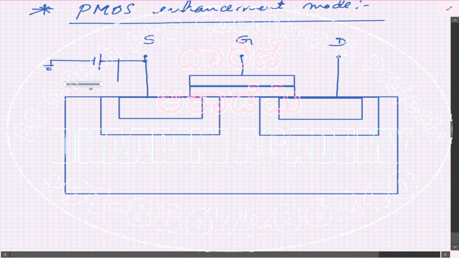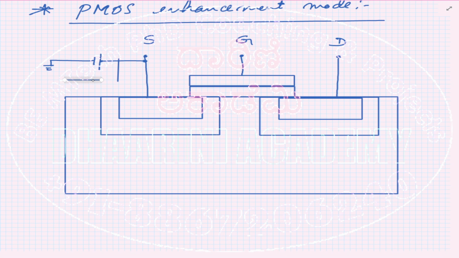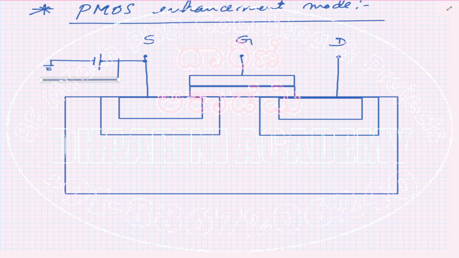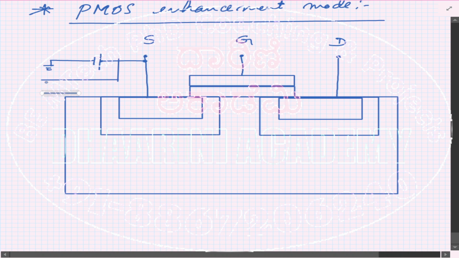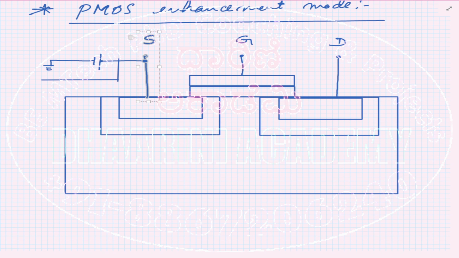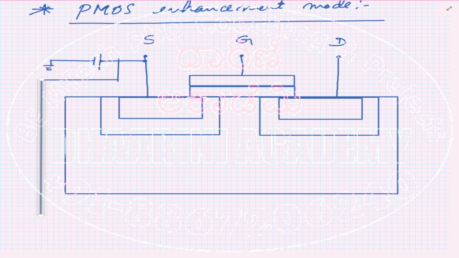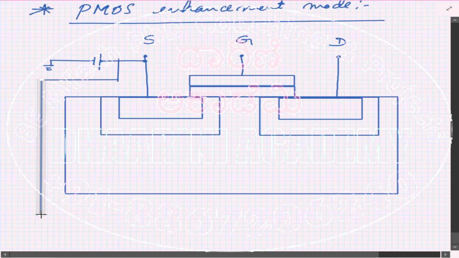Ground, you don't have to show the ground, that's okay. But when you are connecting to a positive voltage, it is always expected that you will show that voltage. So that's the reason why we are drawing the connection right now, showing that it is connected to this region, the body. So this is the connection. Now this is the required connection.